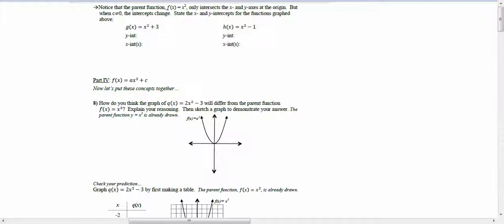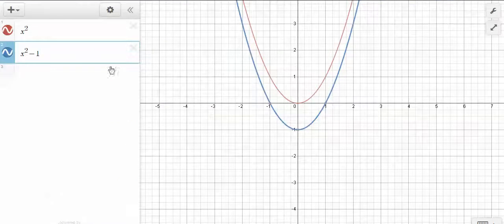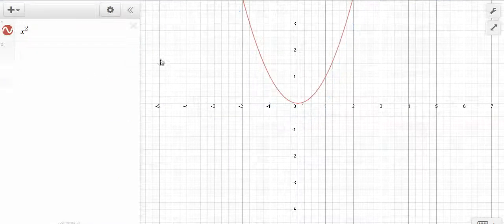When I have y equals x squared, what point is the x-intercept? In this case, the x-intercept is at x equals 0, because at 0, y equals 0. At y equals 0, x equals 0 as well.